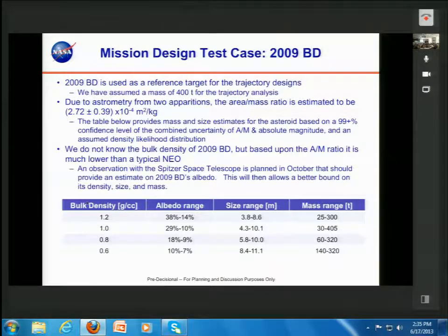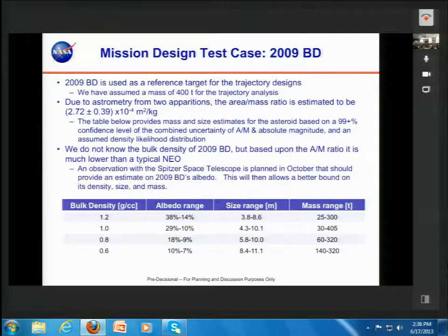So this is kind of the uncertainty game we're playing right now with 2009 BD. What Spitzer is going to tell us is an albedo range, and that will then constrain these numbers. Instead of a range that on the low end is 45 tons and the upper end is 4 or 5 tons, so an uncertainty of about 20 times, we'll probably get a mass uncertainty of about a factor of 4 or 5, which will then be much easier to design a retrieval system for.